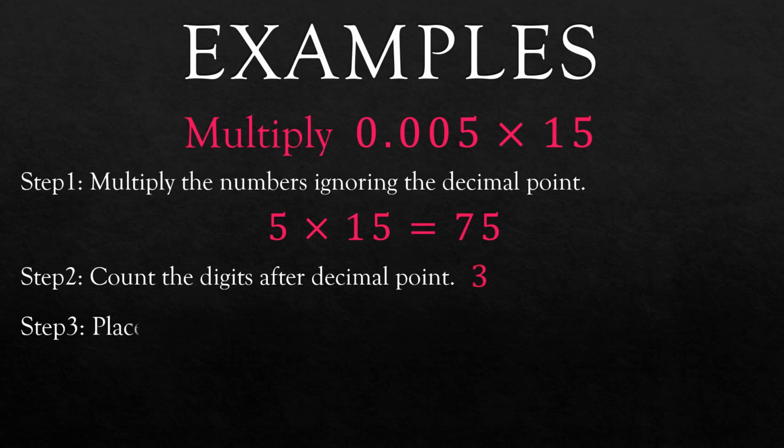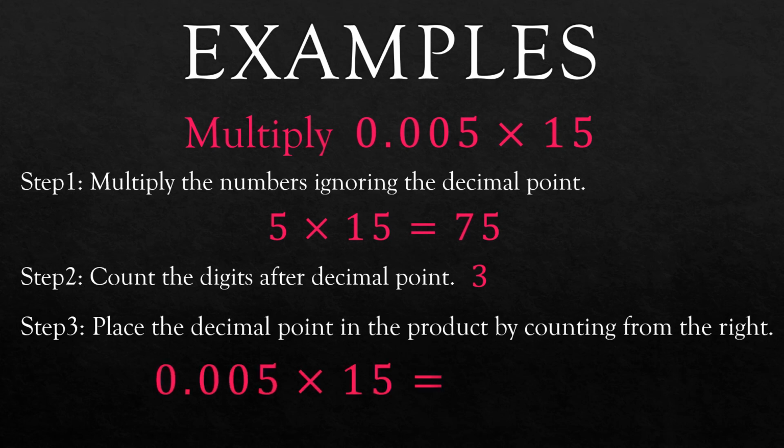Step 3. Place the decimal point in the product by counting from the right. Count 3 digits 1, 2 and 3 and put a decimal. Since there are only 2 digits, we will put a 0 and then a decimal. So the answer is 0.075.